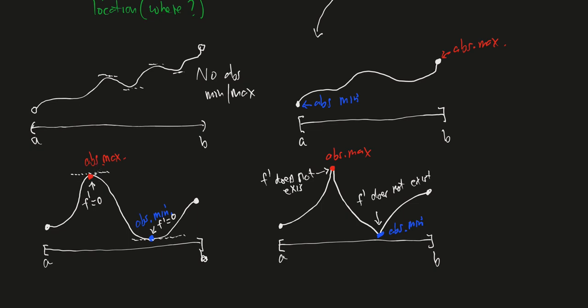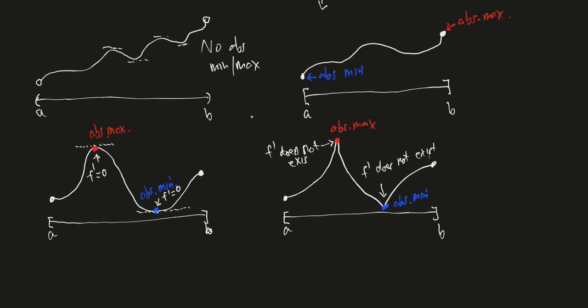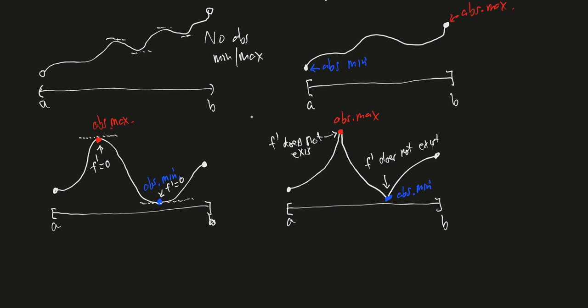It has to occur, both a max and a min, right? So that guarantee is good. Not only is the existence good, but we know where to check. It is either going to occur at endpoints or at critical values inside the interval.